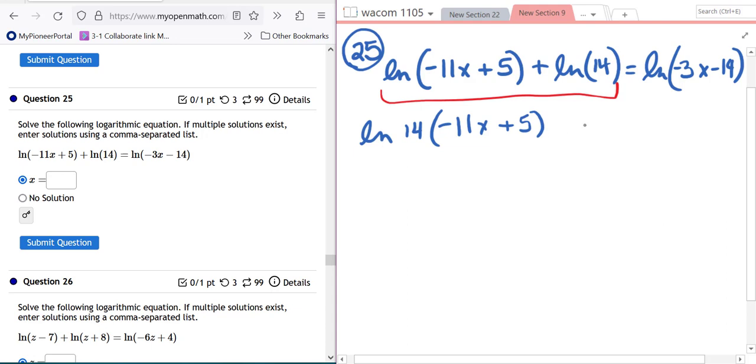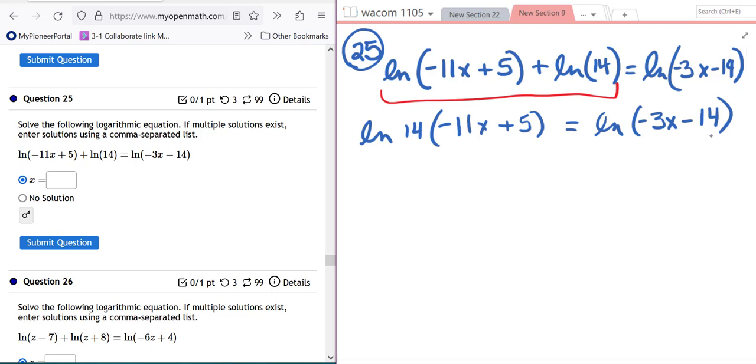All right. And that was a 14. Sorry about that. All right, so we do have one log on both sides. What you can do here, and I was always taught a different way than it's presented in this part.